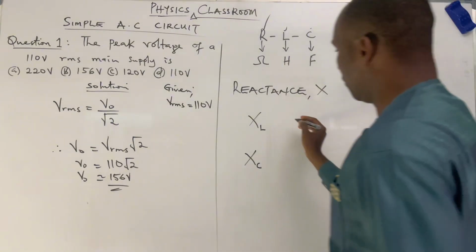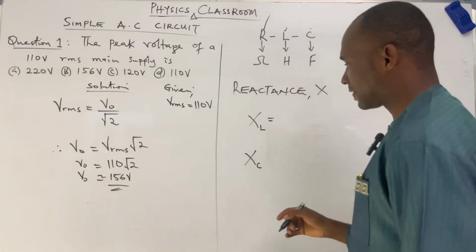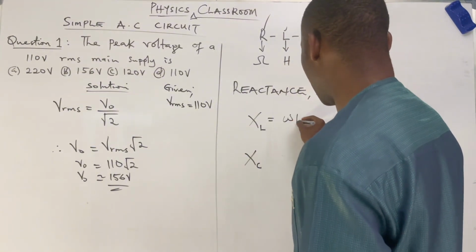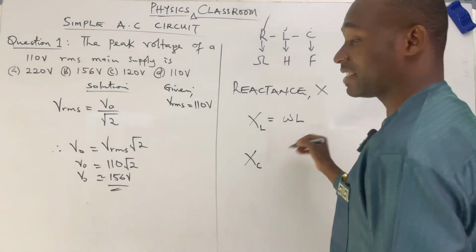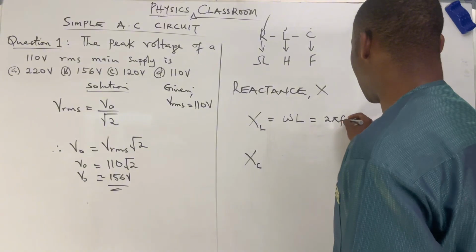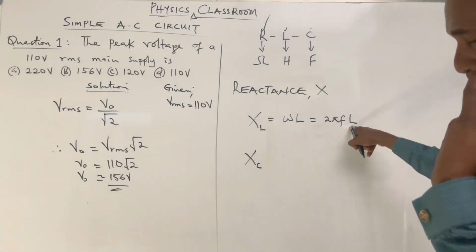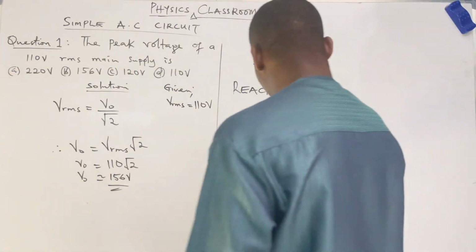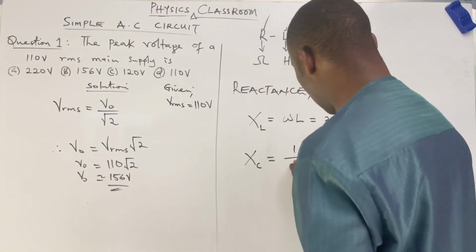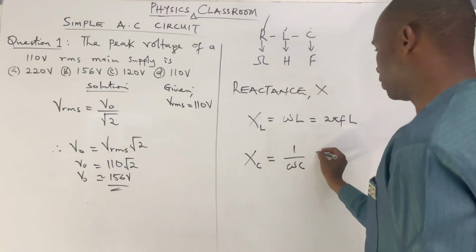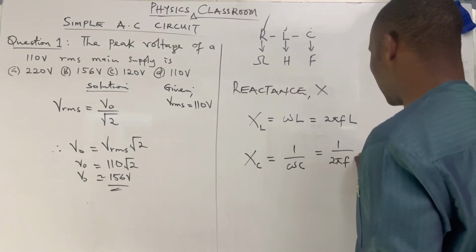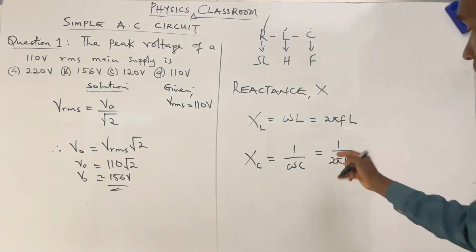They are very important. For the inductive reactance, it's usually calculated using this formula: omega L. I told you earlier that omega is equal to 2 pi f. So this will become 2 pi F times inductance of an inductor. While for capacitive reactance, it is calculated using the formula 1 all over omega C, which is 1 all over 2 pi F times capacitance of the capacitor.